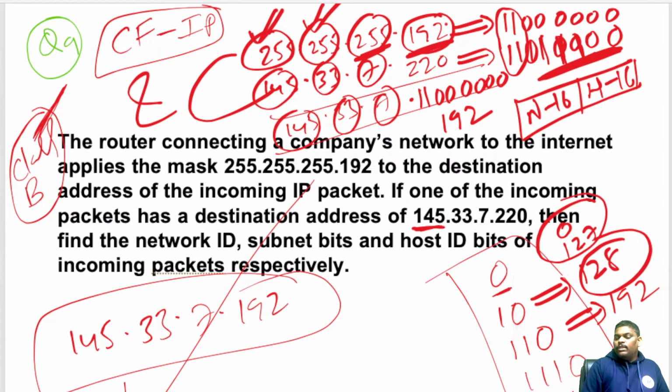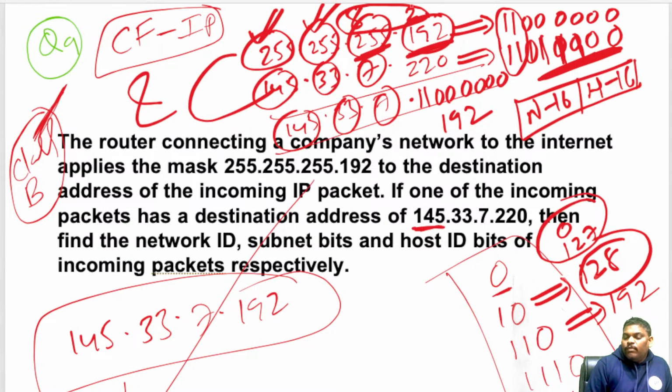But if you observe in the mask area, more than 16 bits became network part. So what is the meaning? Here 8 bits and 2 bits, 10 bits became subnet; actually they are part of the host, but subnetting is done. I think 10 bits for subnet.